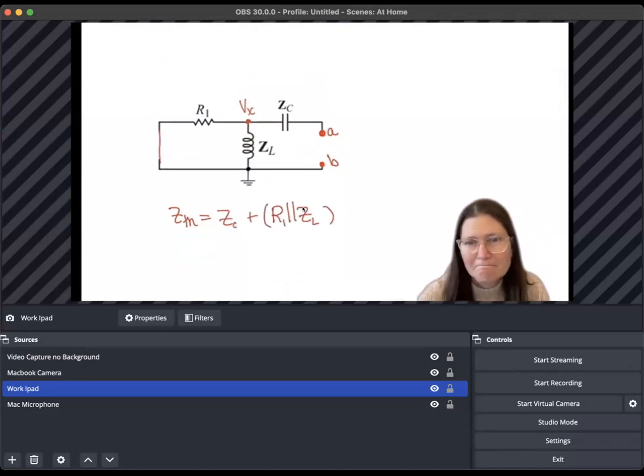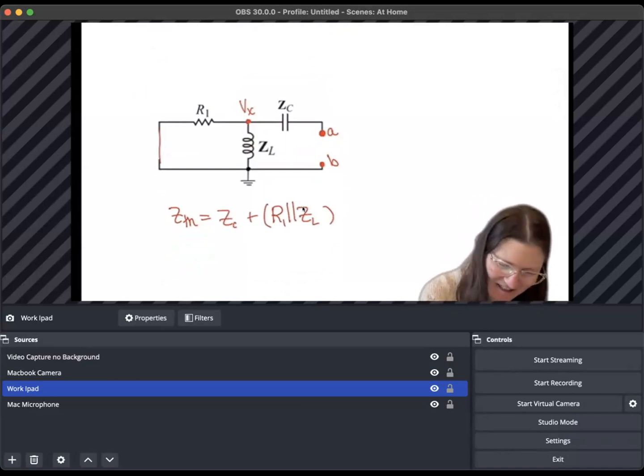Oh, never mind. A voltage source when it goes to 0 is a short, not an open.